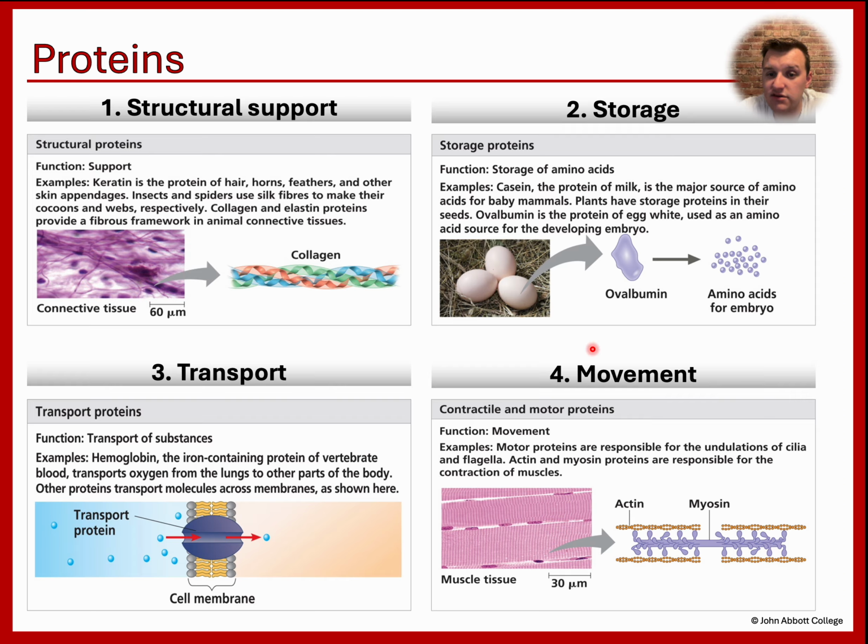So all of these are some examples of storage proteins. Our muscles also have a lot of these amino acids stored as long proteins. In a very dire scenario, we can break down our muscles, right? But we really want to save that till the very last resort.